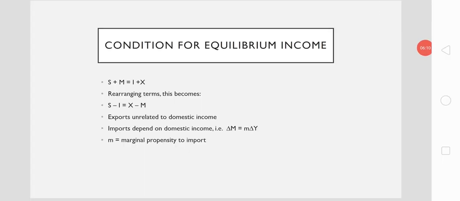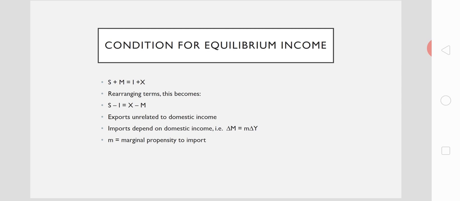This is the condition for equilibrium income in an open economy: S plus M is equal to I plus X. S stands for domestic saving, M stands for total import, I stands for investment, and X stands for export. In a closed economy, S is equal to I, that is, savings is equal to investment.